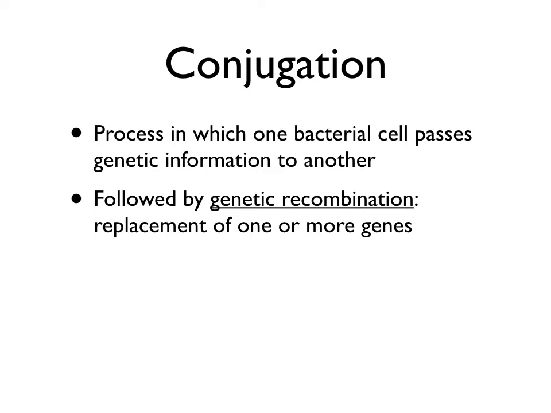So the recipient bacterium takes in this new genetic information and sticks it into its own genome. Sometimes it might be at the expense of an existing gene, it might replace it, or it could be added to the existing genome.